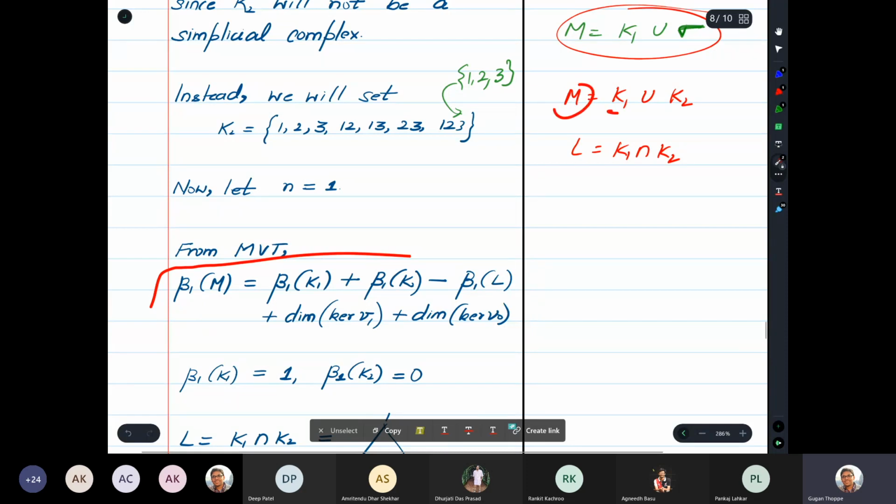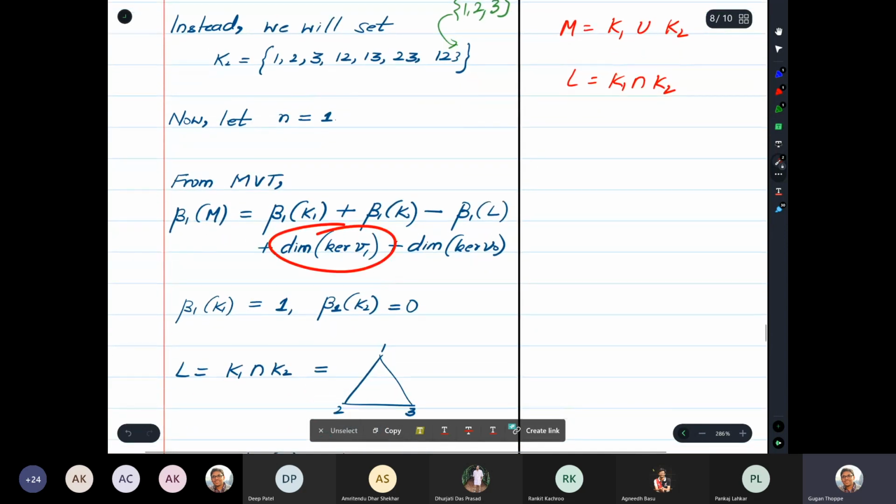When M is K1 union K2 and L is K1 intersection K2, the first Betti number of M is related to the first Betti number of K1, K2, L in the following fashion: Betti 1 of M equals Betti 1 of K1 plus Betti 1 of K2 minus Betti 1 of L plus dimension of kernel of nu 1 plus dimension of kernel of nu 0.